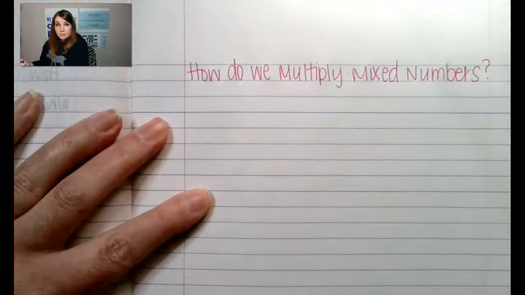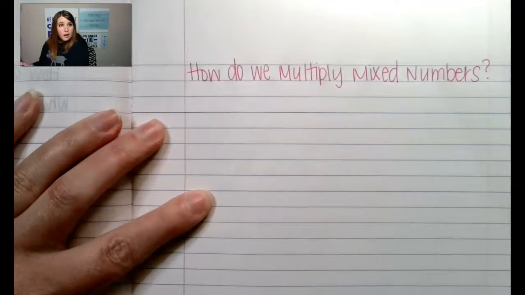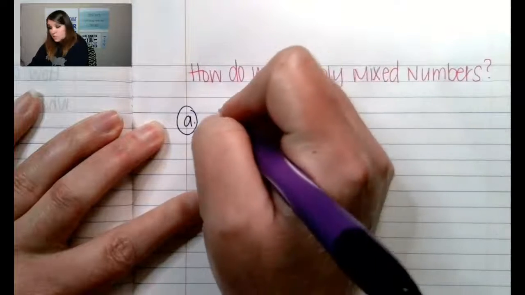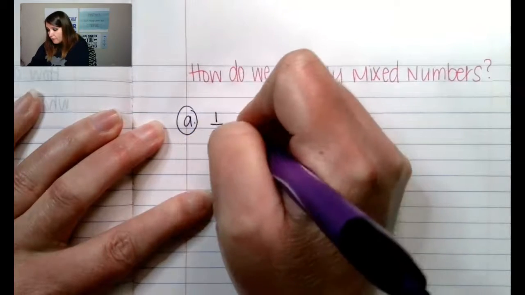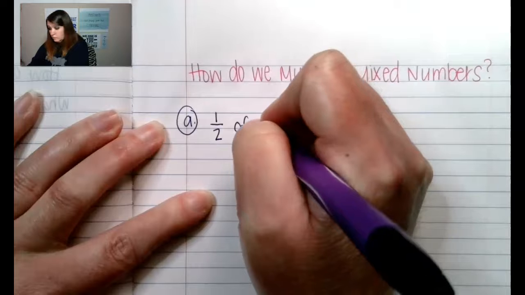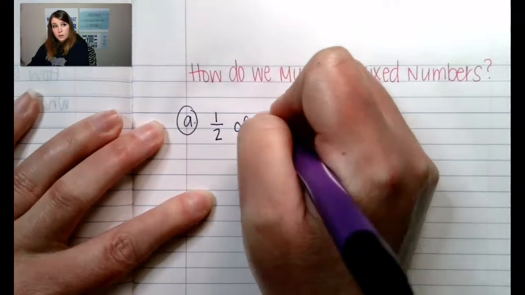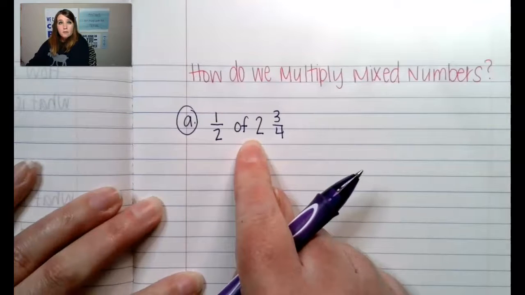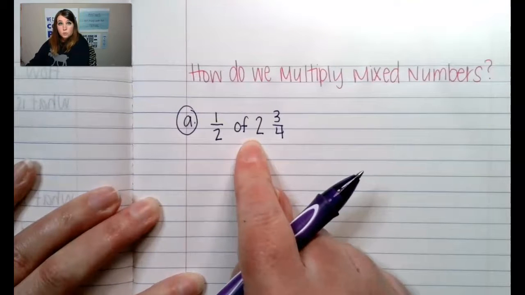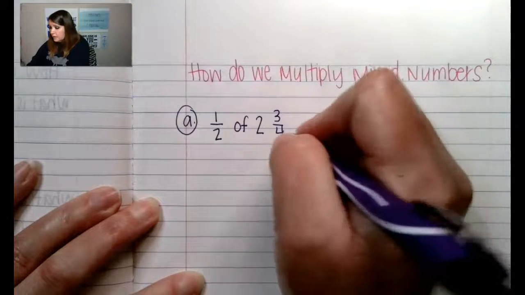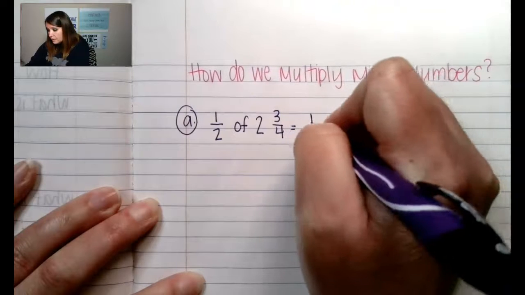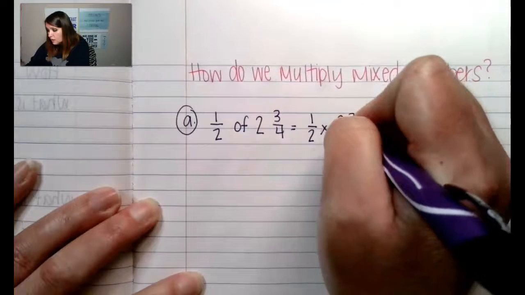Okay, so first up, let's talk about what this actually means. Let's say that we have something that looks like example A. Example A says find half of 2 3/4. Well, we know that the word of really just means to multiply. So really this problem here means 1/2 times 2 3/4.